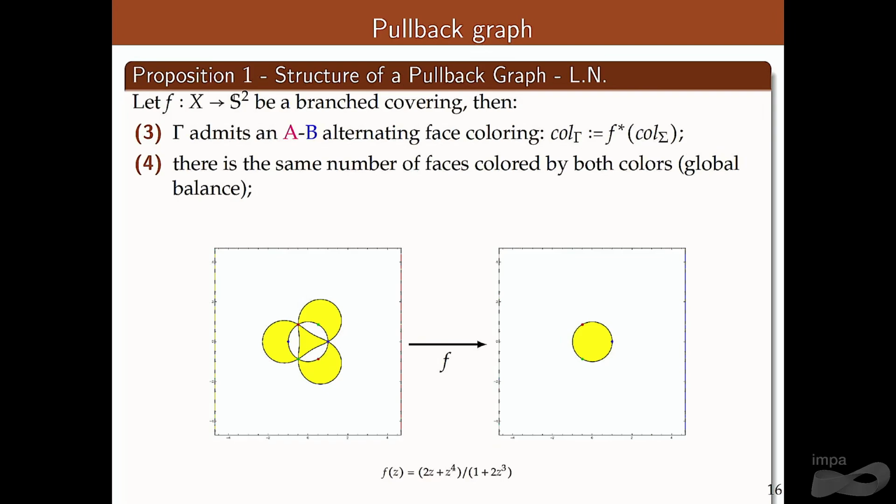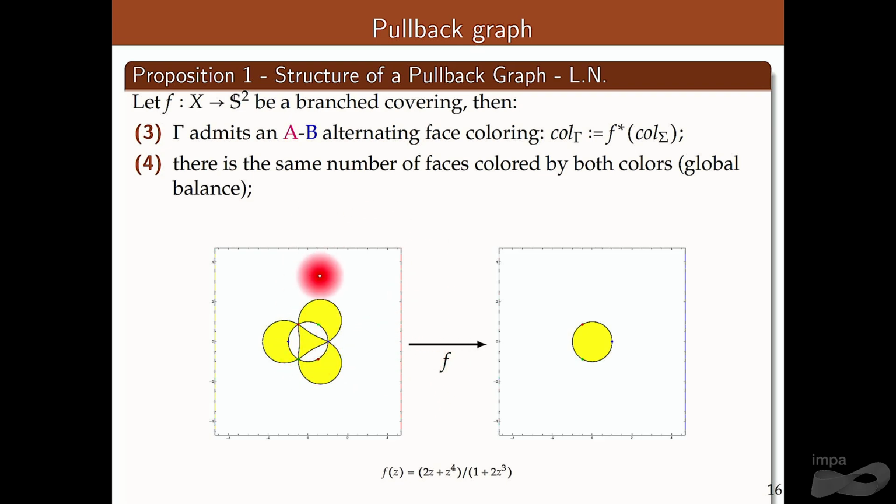This is because, for instance, in the yellow part, every point has D preimages. And by continuity, those points have to be on different faces, okay?